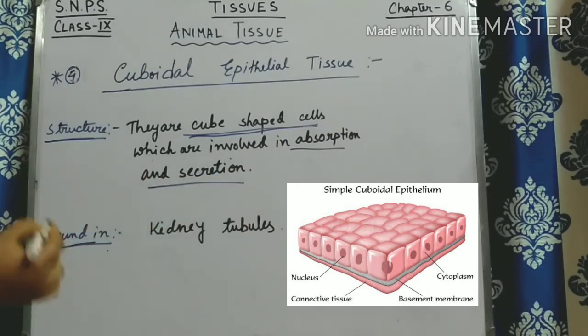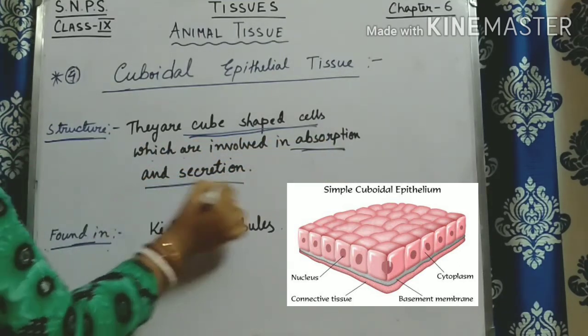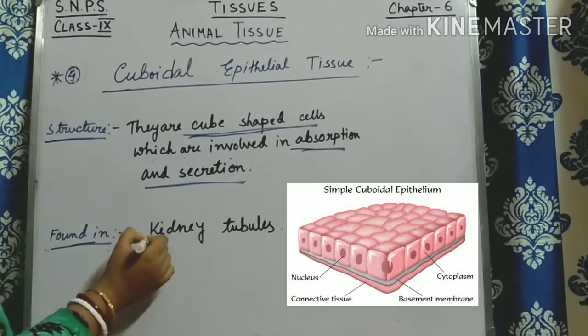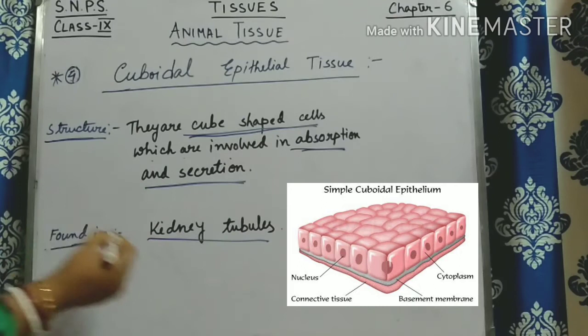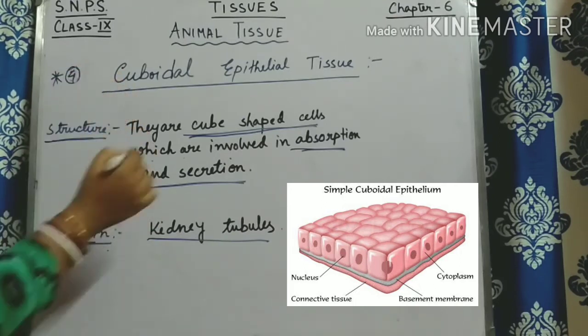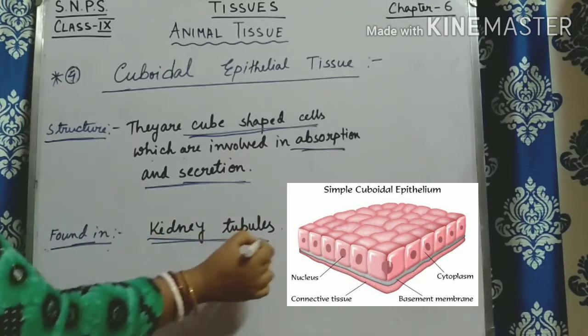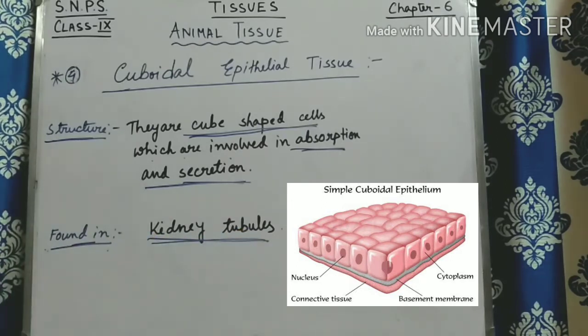This type of tissue is found inside the kidney tubules. You can see the picture here. As they are cube shaped cells, that's why the name of this type of tissue is cuboidal epithelial tissue.